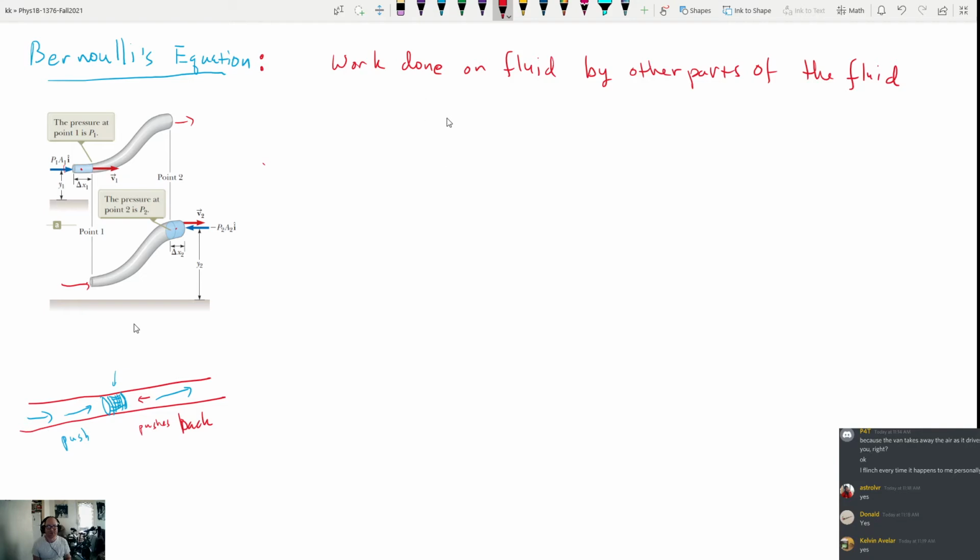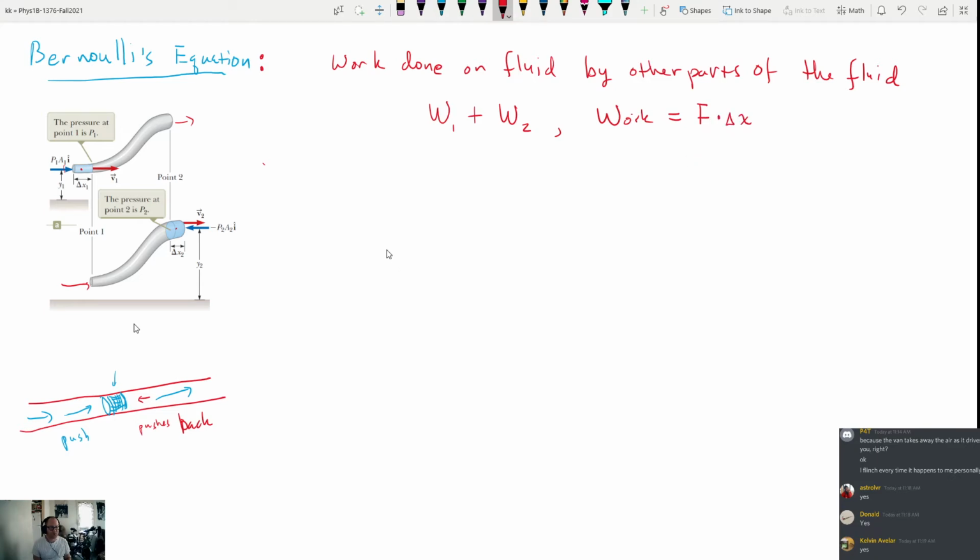And what we're basically going to say is that the work done on the fluid is going to be the work done in section 1 over here on the left, plus the work done in section 2. How do we do work? Well, remember that work is equal to a force times a distance.